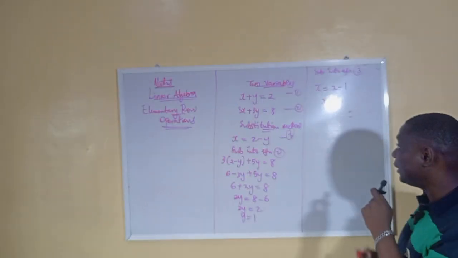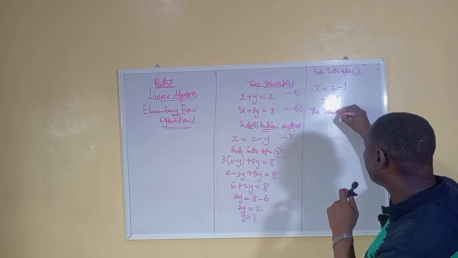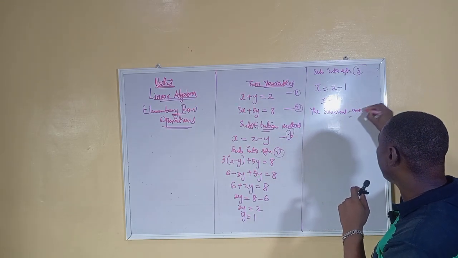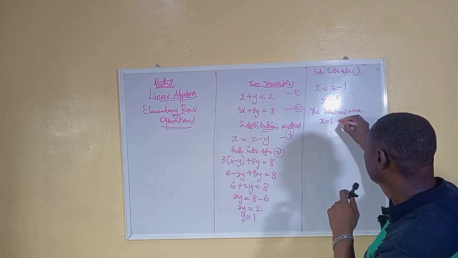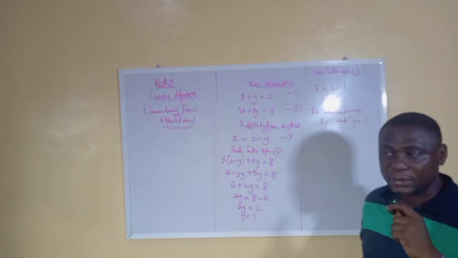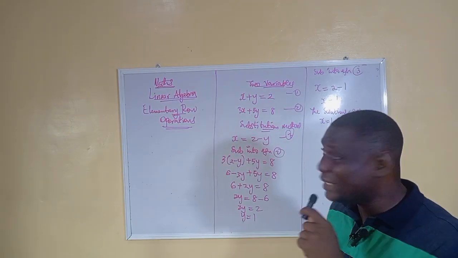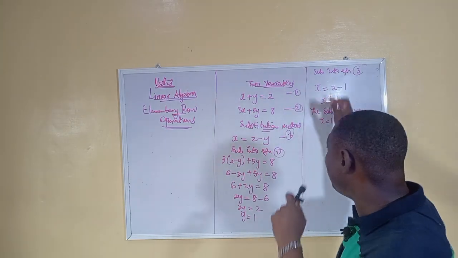So now we can see clearly that the solutions are x equals 1 and y equals 1. But then, what if you now have a system with five variables?